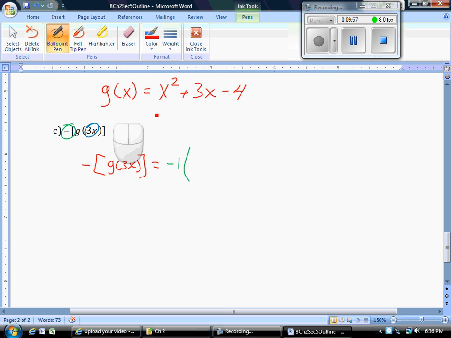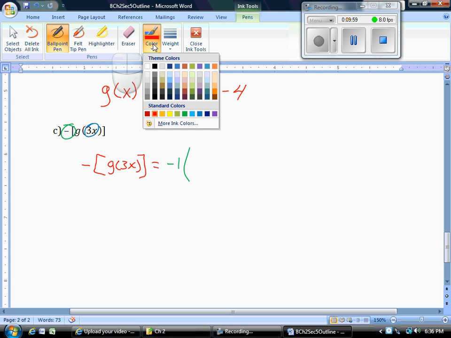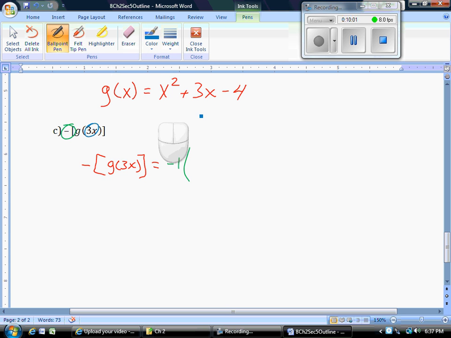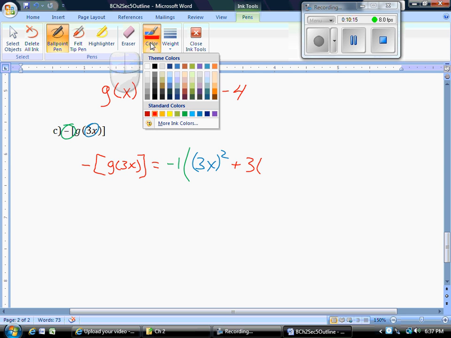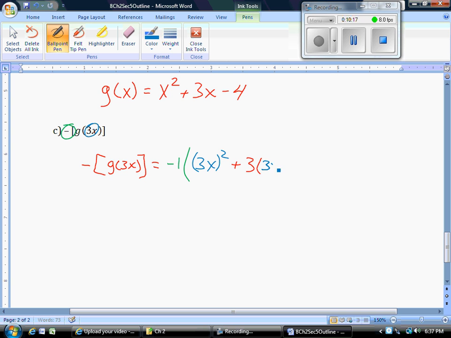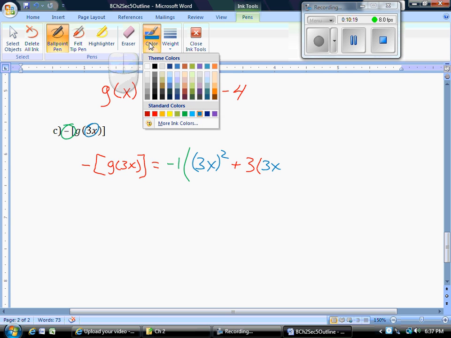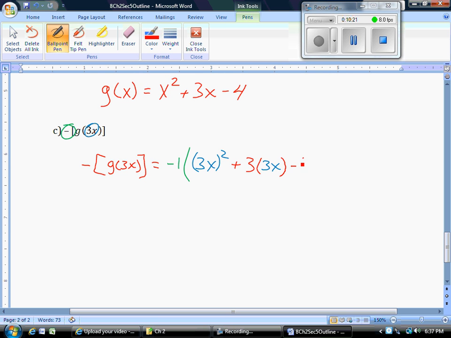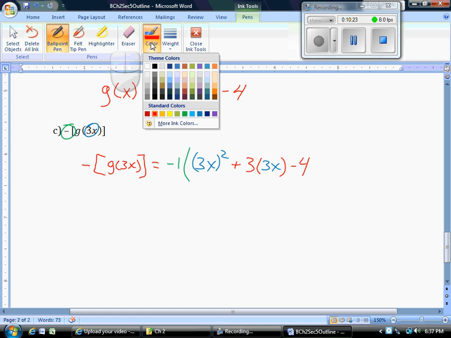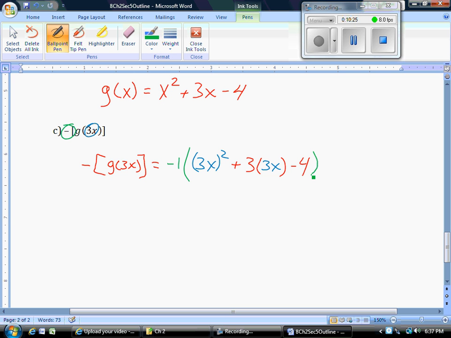I'm plugging in 3x wherever I see an x. So right away I see an x, so I'll have 3x squared plus, I see another 3 times another x. What am I putting in place of x? 3x minus 4, and then we can close off the parentheses.